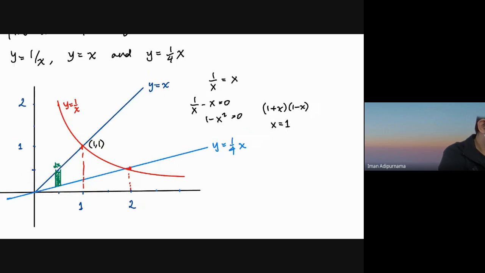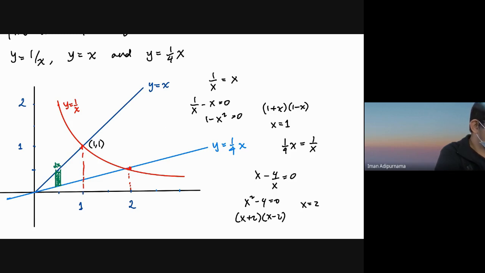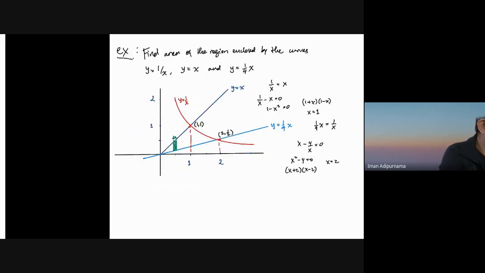And the other part will be 1 over x equals 1 over 4x, x is equal to 2, and half. At least we got all the intersections.